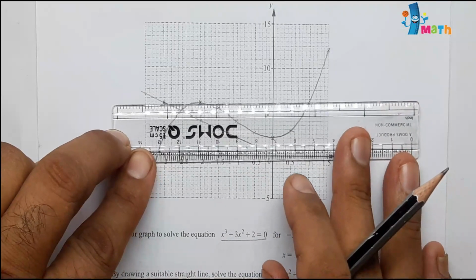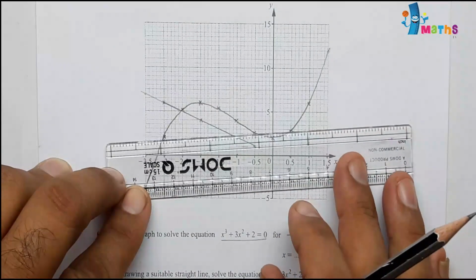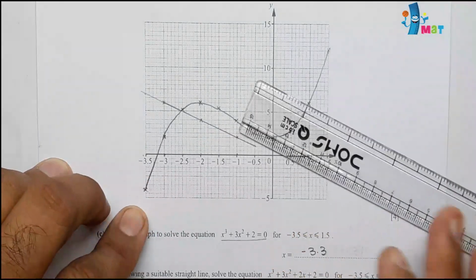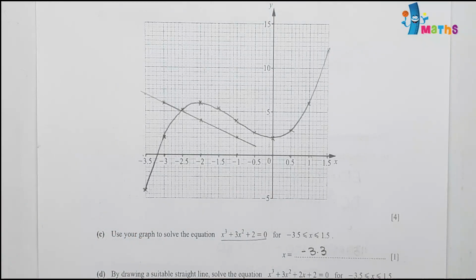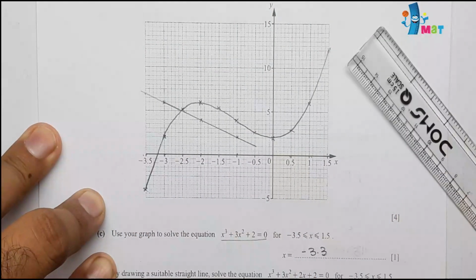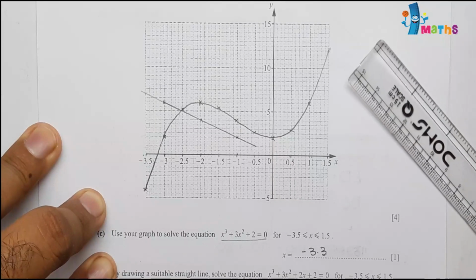So in between this point and this point, we can write any of the y values. So I have chosen the value 4. If you check y is equal to 4, it will be 3 solutions.